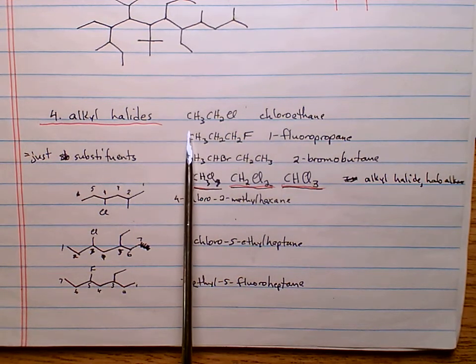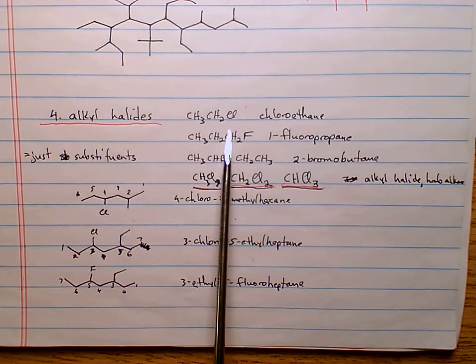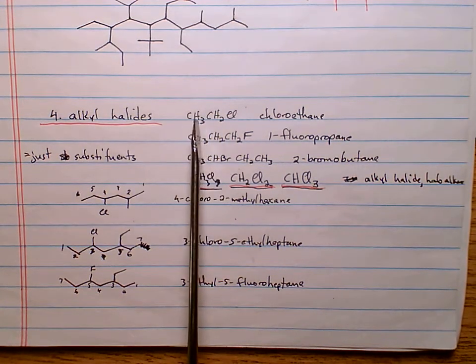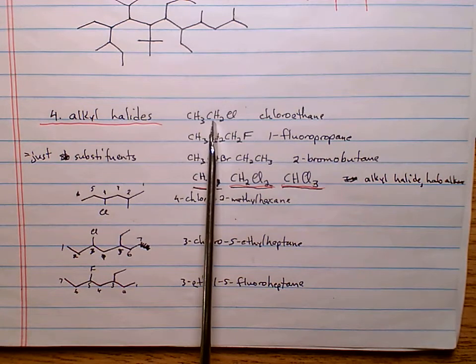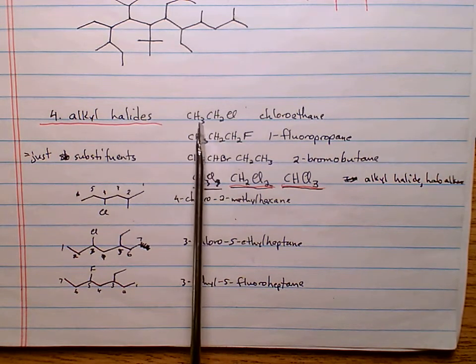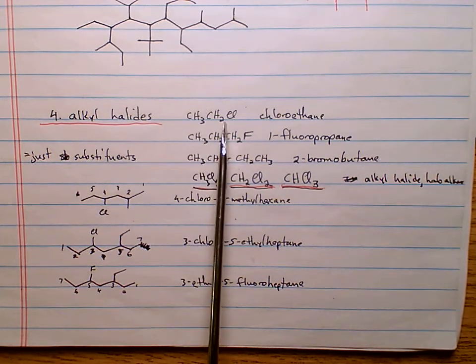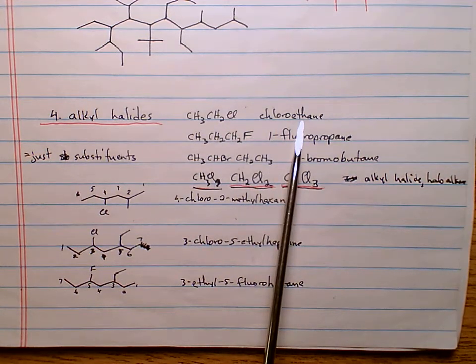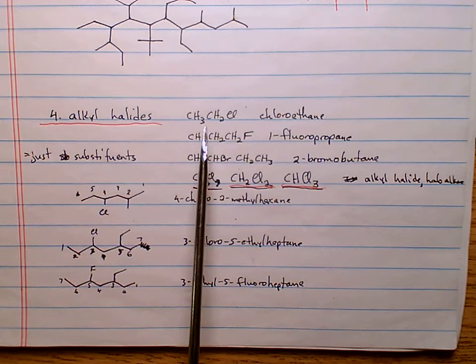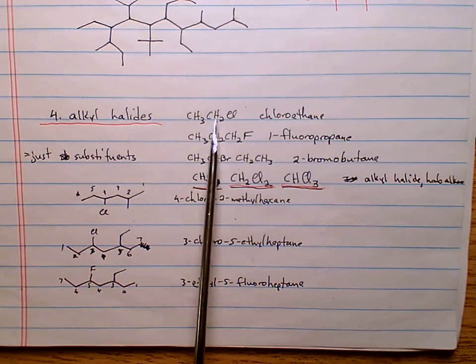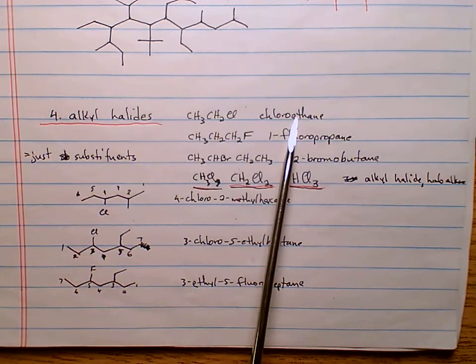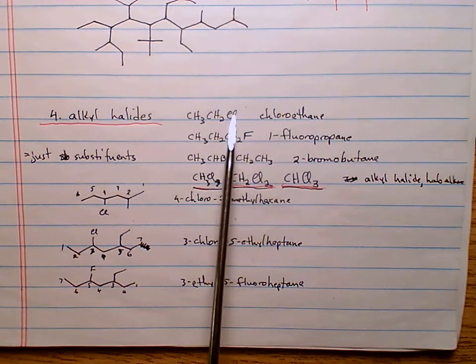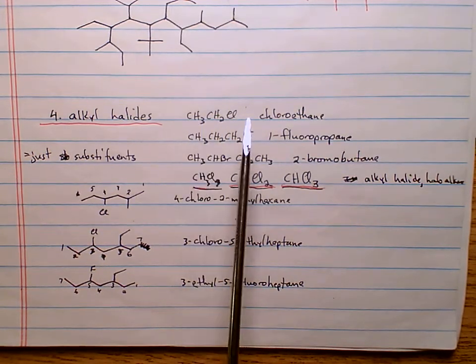So if you had CH3CH2Cl, we have two carbons in our longest chain, so ethane is our parent, there's a chlorine on one of them, and so it's chloroethane. Whether the chlorine was on this carbon or this carbon, it doesn't matter. It's not 1-chloroethane or 2-chloroethane, it's just chloroethane.